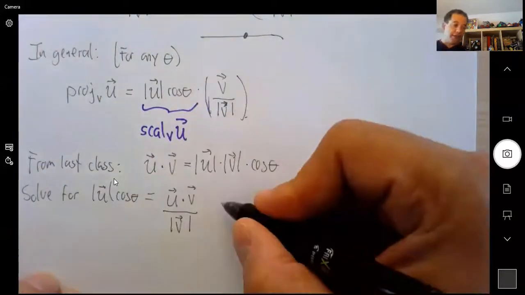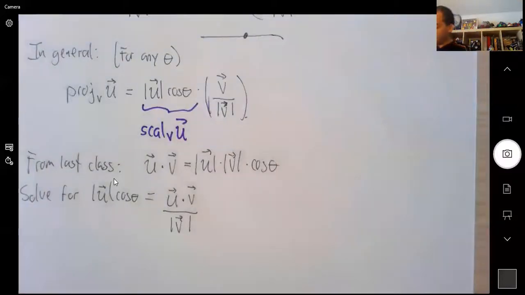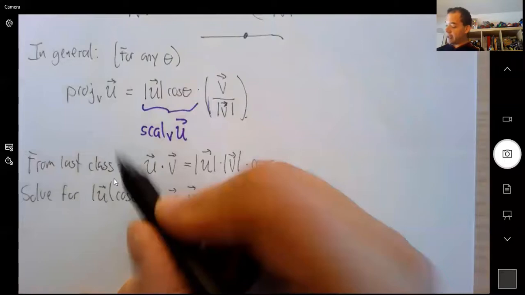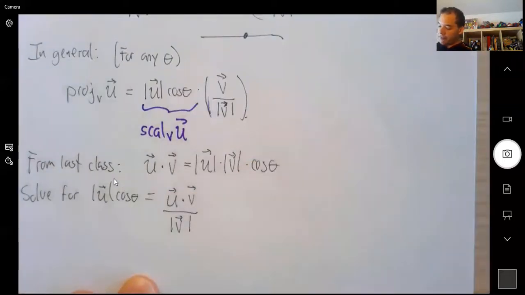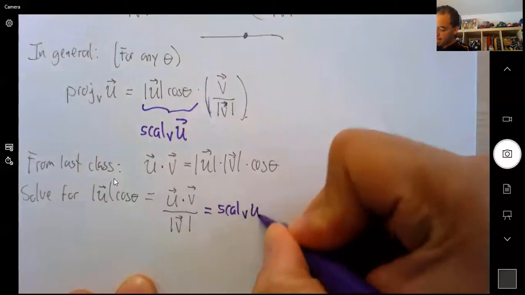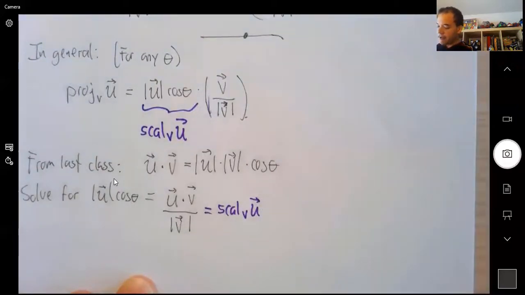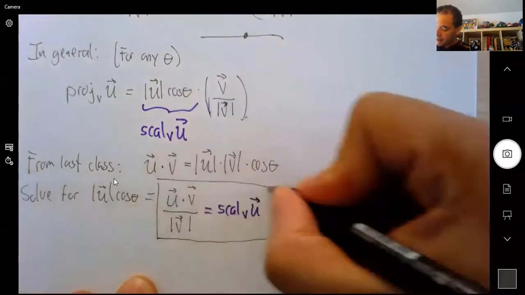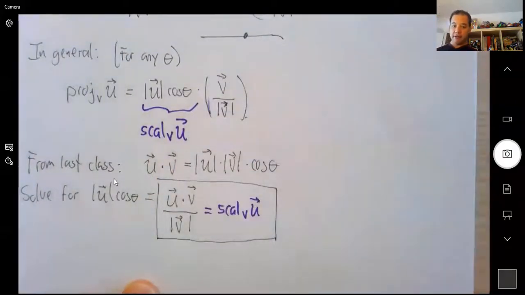So this is an alternative formula for the scalar, by the way, right? Because U times cosine is equal to the scalar. So that's a new formula for the scalar you can use that does not involve theta. It's without having theta, right?